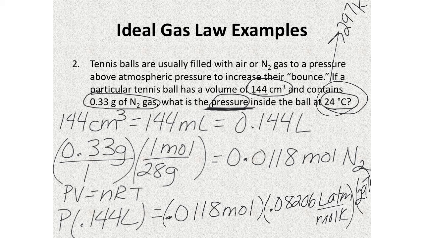So I got from my calculator 1.9947, but I only want two significant figures, so that would end up rounding up to 2.0 ATM. Now, if you had used the other constant and solved for the pressure in torr, that would end up being about 1500 torr.